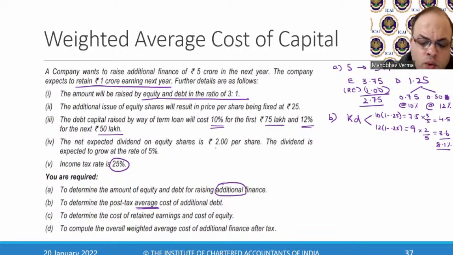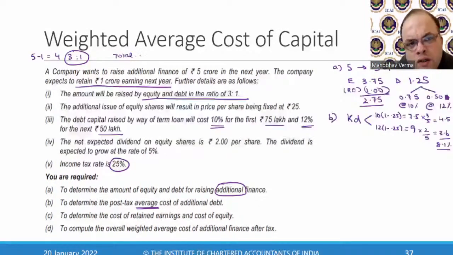Khushi, you have a very interesting question. Khushi says, and I think probably some of you did that, 5 minus 1, 4 you want to split 3:1. But Khushi, in that case, my question to you is, retained earning is part of equity, right? If you do that, the total equity will be 4 and debt will be 1. So your ratio changes then.